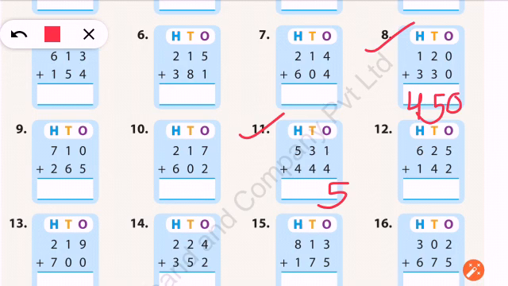Okay. 3 plus 4 is 3, 4, 5, 6, 7. So 3 plus 4 is 7. 4 plus 5. Yeah, 5 plus 4 is 5 and count 4, 5, 6, 7, 8, 9. So how much is it? It is 9.